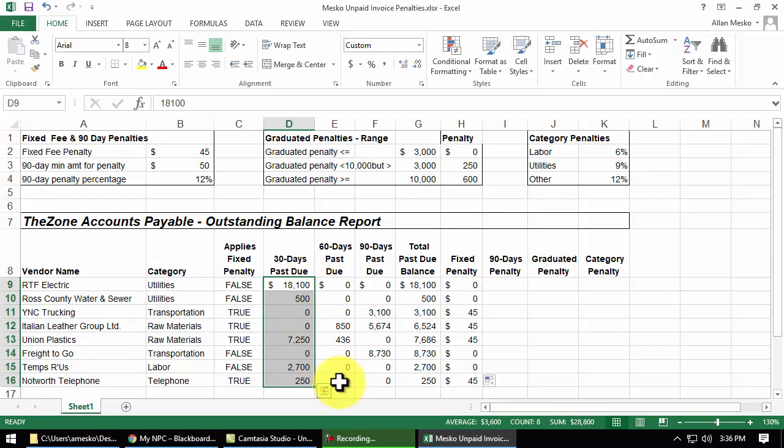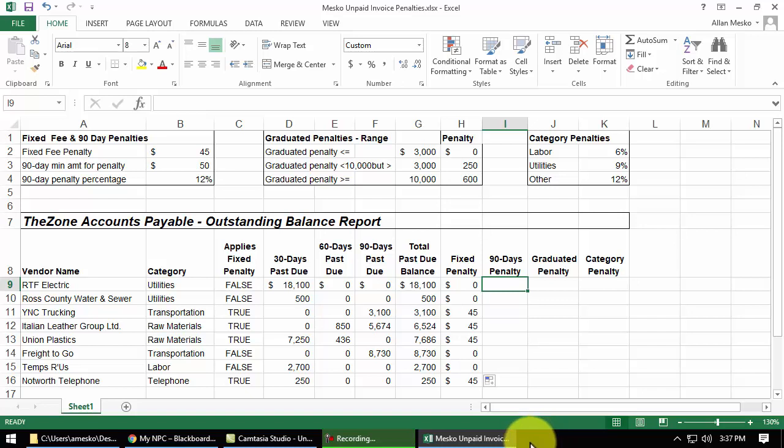We talked about doing things that are mutually exclusive, that can't be more than one. There are ways that you have to be careful if you're doing things that could be more than one. But they separate it out in different columns here, so that takes care of that. Let's look at the 90 days. It says in column I, write a formula that can be copied down the column to calculate the penalty based on the following criteria.